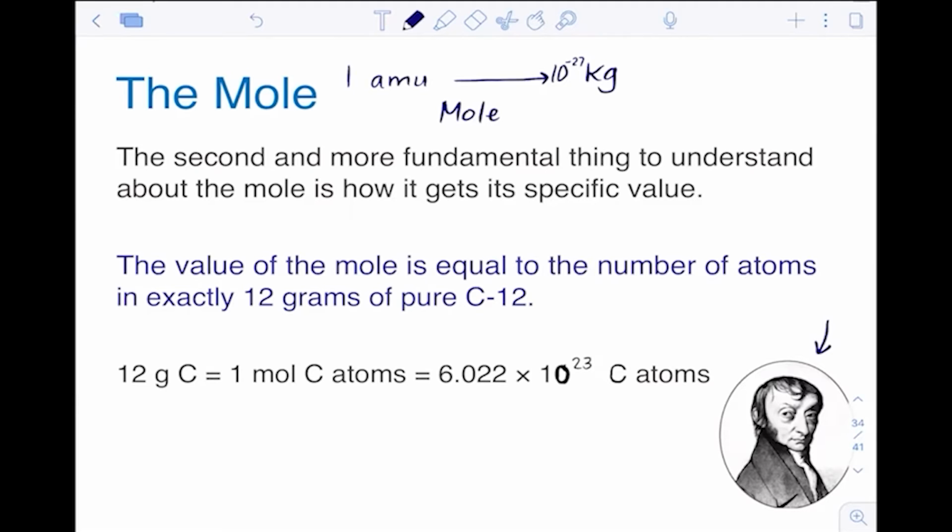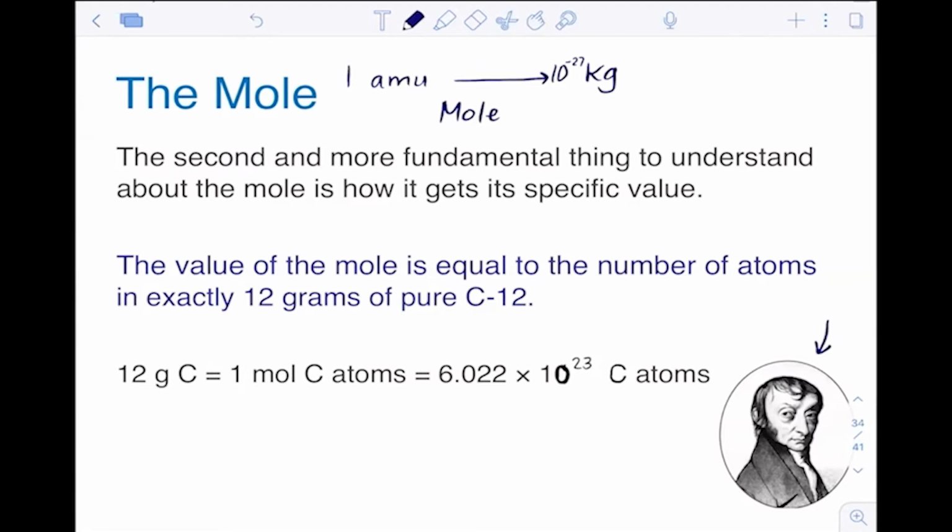And the exact value of the mole is equal to the number of atoms exactly in 12 grams of pure carbon-12. Why carbon? Well, me being an organic chemist, I'm biased to carbon, but think way back when Avogadro was doing these experimentations with determining the mole. Carbon was readily available.